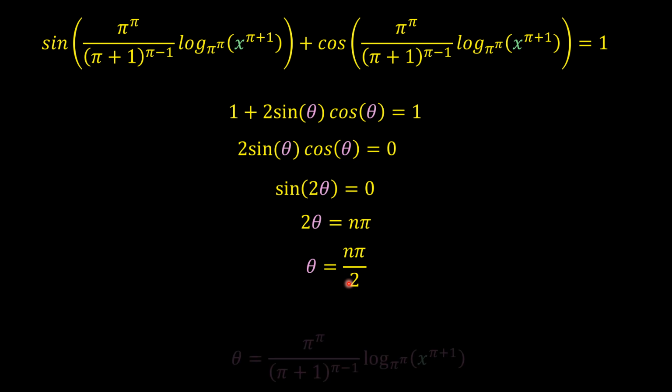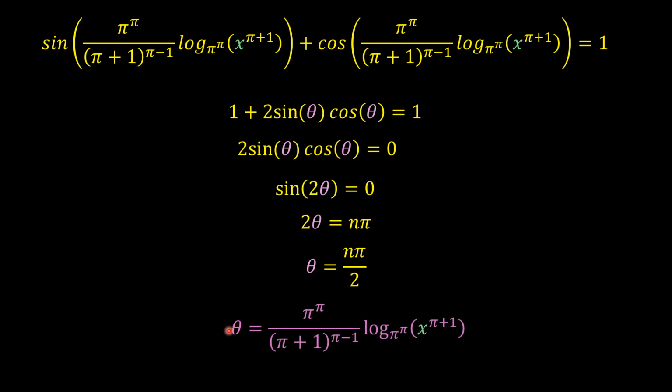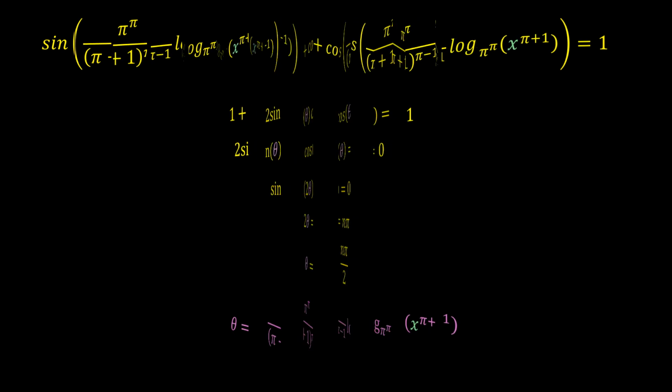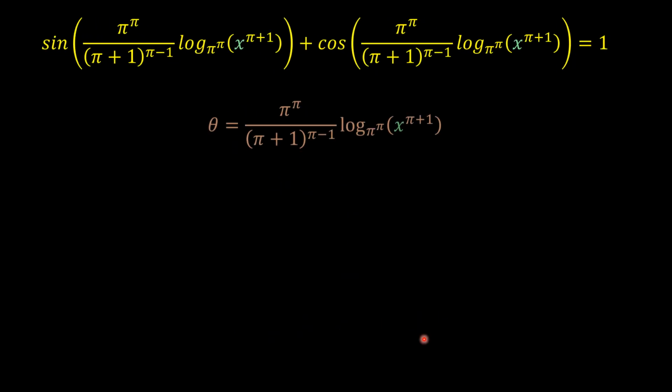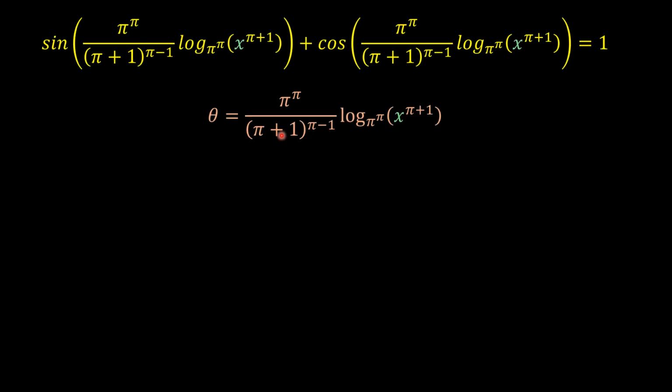But remember that we said that theta was this one, right? So we're going to do some work here to simplify this expression, in order to get log of x here. So then here, we're going to have this one here, which is what we had before. So what I'm going to do here is apply the properties, the rules of logarithm.